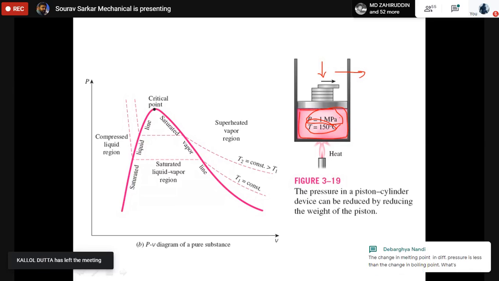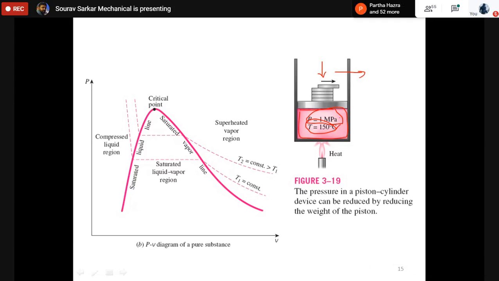After reaching that altitude, you will see that the 80 or 90 degree water will start to boil, because at that pressure the boiling point is lower. So at that pressure, 80 degrees is the boiling point, or maybe 90 degrees is the boiling point. So we know that if we remove weight, the operating pressure will slowly come down.